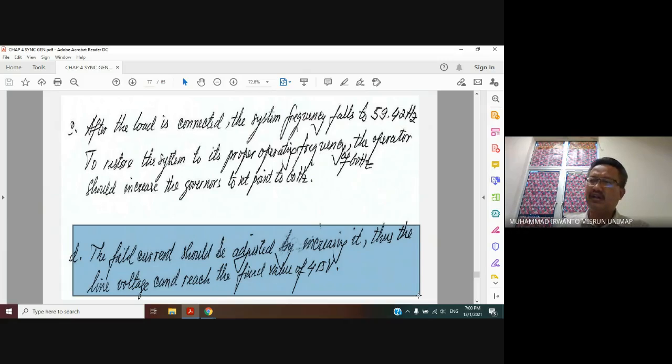Or if we have a DC voltage, we increase the DC voltage until the terminal voltage of both generators is 415 volt.